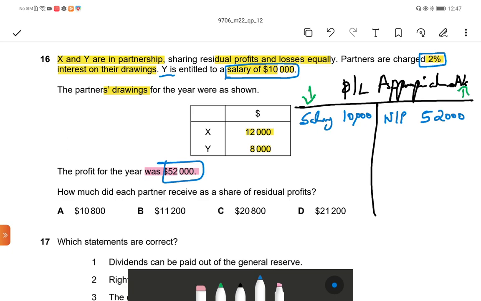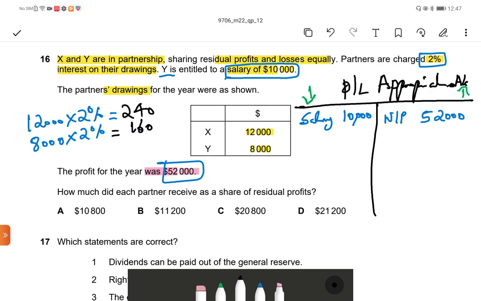Next, partners' drawing. Here they are charging interest on drawing at 2%. So 12,000 into 2%, 8,000 into 2%. First one is 240, second one 160.